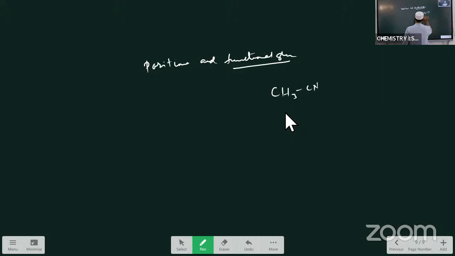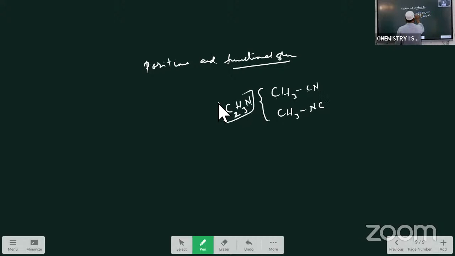CH3CN. I am taking another one, CH3NC. These two are different compounds, but their molecular formula is the same. Count how many hydrogens and how many carbons there are. 2 carbons, 3 hydrogens, and 1 nitrogen is present.